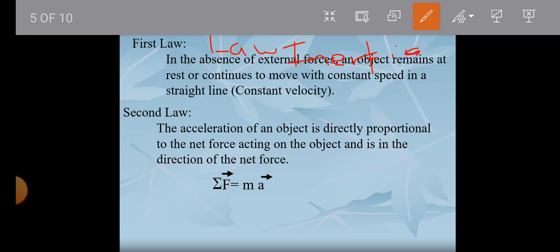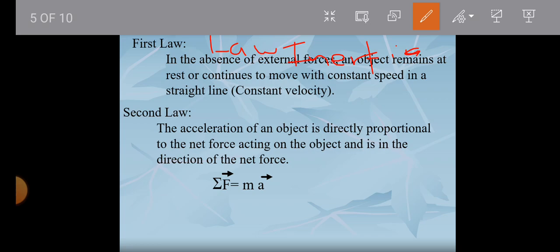When the object is at rest, it is not going to move unless you apply a force on it. Or when an object is moving at a constant velocity, it is going to continue to move at that constant velocity unless a force is applied to accelerate it, decelerate it, or stop it.